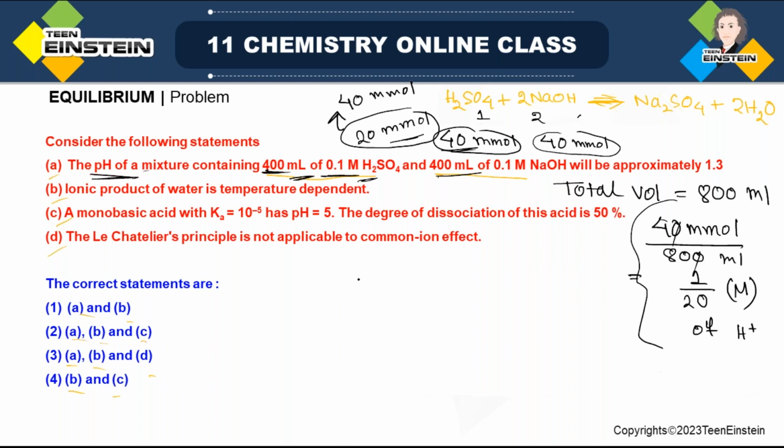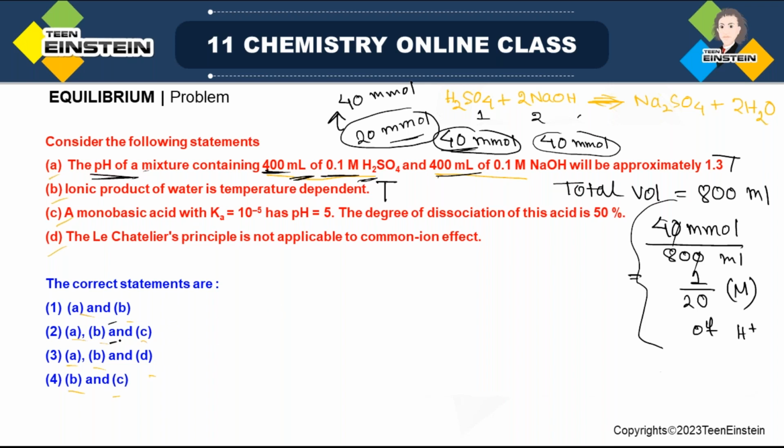Remember we have seen in the last class how Kw changes with temperature. It increases, because the dissociation of H2O to H plus and HO minus is endothermic. So with an increase in temperature the ionic product Kw increases. So it is temperature dependent, and this statement is true. So A and B are true.